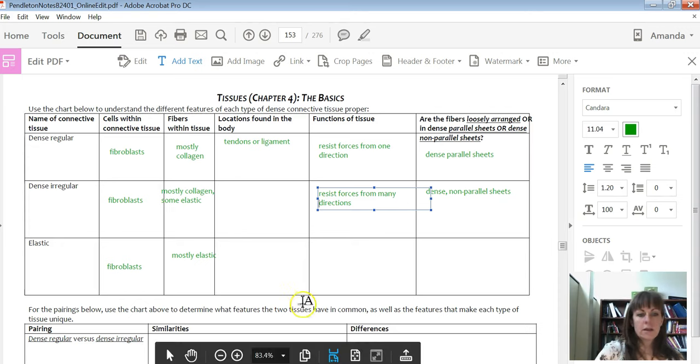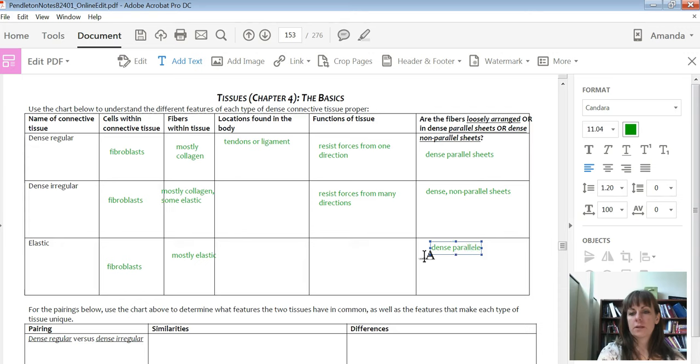Let's see. The other thing about the elastic tissue, it's also going to be in dense parallel sheets. And remember, elastic is our fiber that's like the spring, so you can pull it and it springs back. So because it's dense, because it does have other fibers besides elastic, it's going to be very strong, but it's a bit springy. It has some give. Okay?